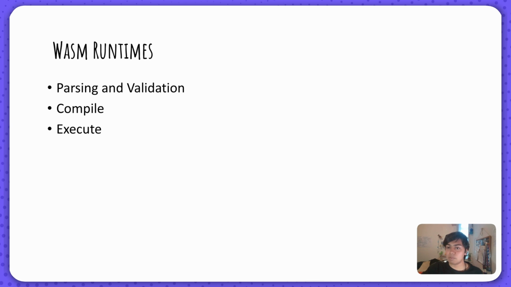So once the WebAssembly code is compiled, it is then executed, and the runtime manages the execution. It ensures that the code adheres to the constraints of the WebAssembly sandbox model that we were talking about. And it also manages the memory access, handling calls to and from the host environment, and enforcing the security boundaries that we were talking about.